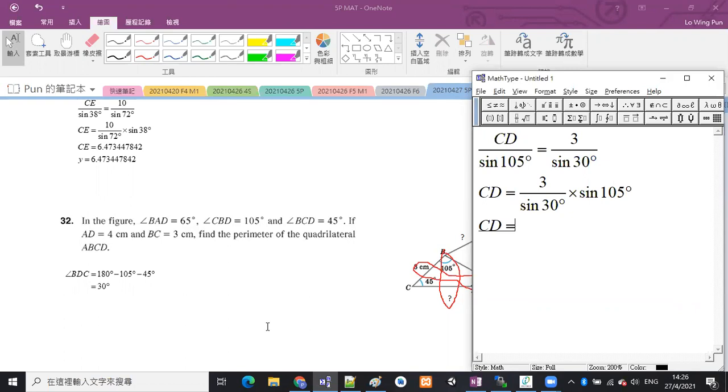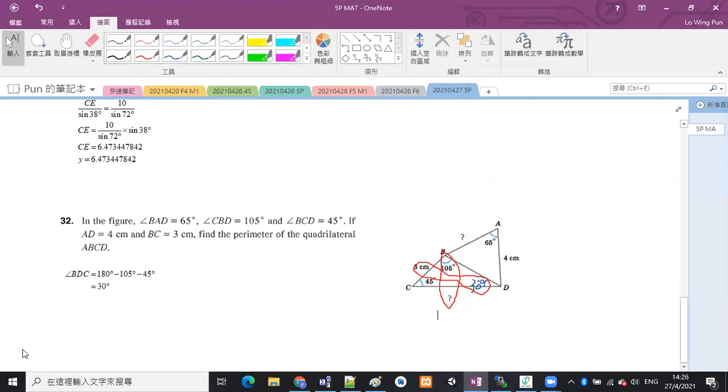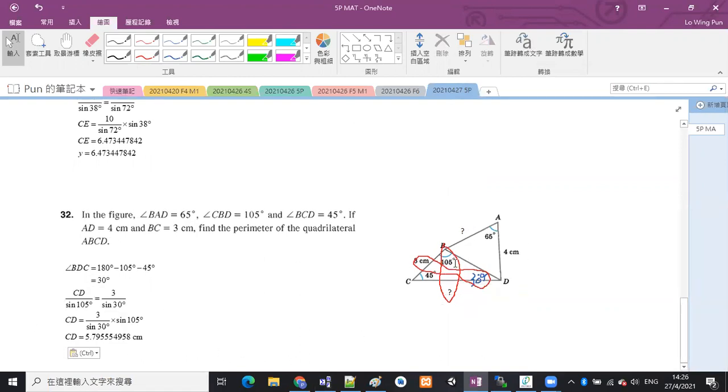So this CD should be equal to, calculator, and should be 5.795554958 cm. Okay? So just copy all the numbers first. CD is like this. That is what we need.